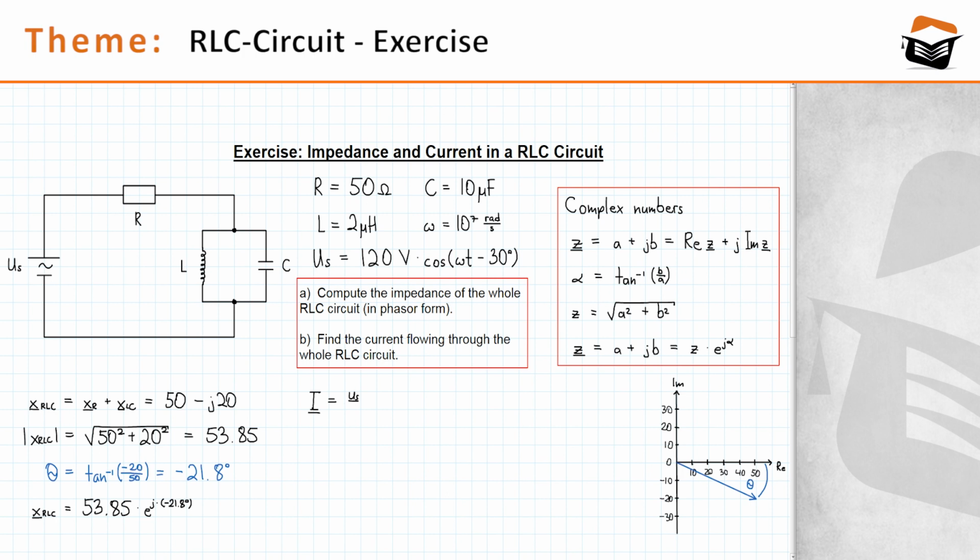And again, all of the variables will be provided as a complex expression divided by the impedance. And the voltage is provided as a cosine function, but we can easily convert it into the exponential form of the complex number as well, because the absolute value is already given. That's 120 volts.